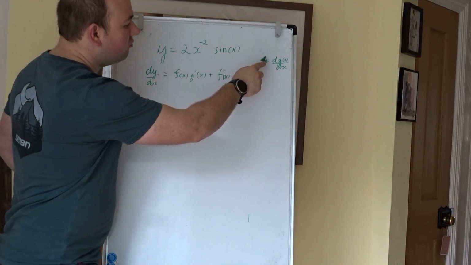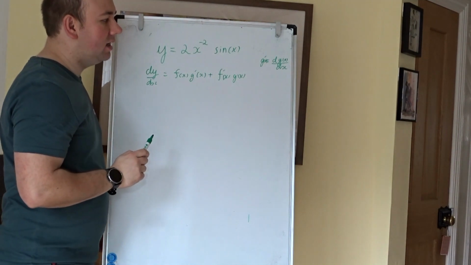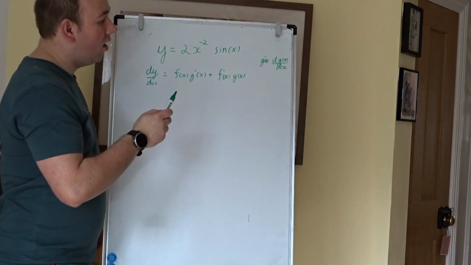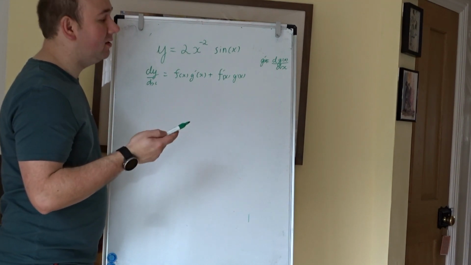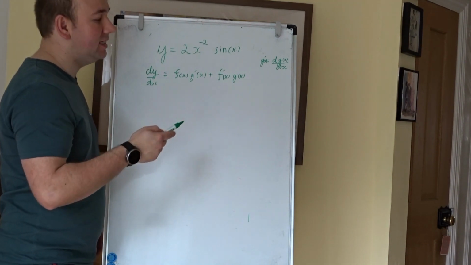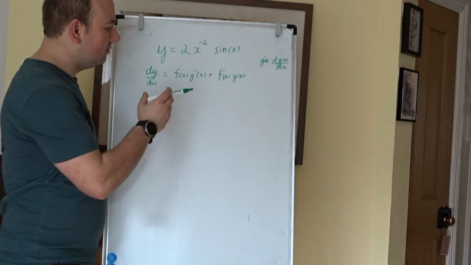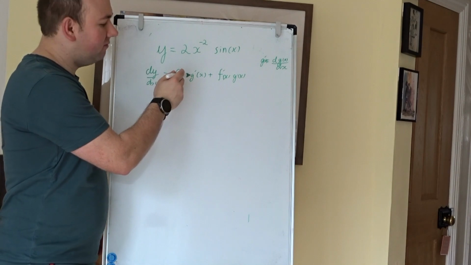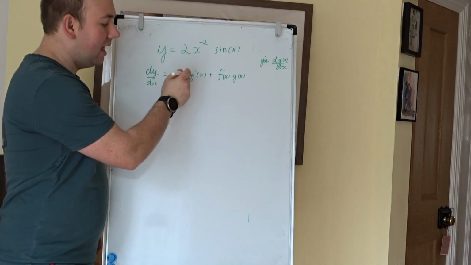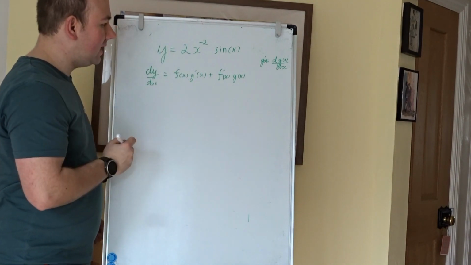So g prime of x is equal to dg of x over dx, and that g of x could just be equal to y, so that's where it becomes dy by dx. So g prime of x means differentiate your function g with respect to x.